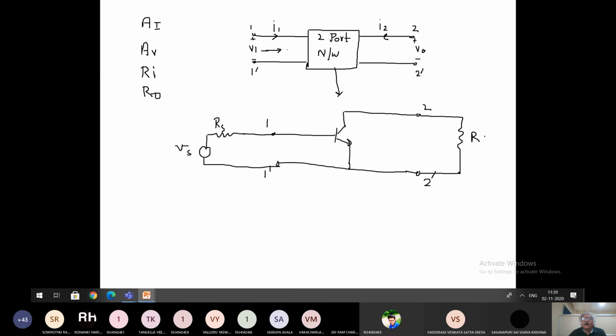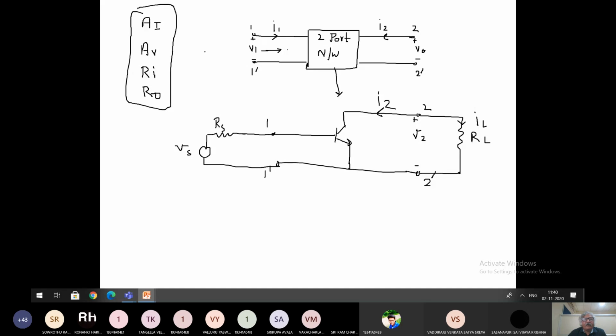With RL you get the current IL, here you have the current I2, and here the voltage V2. These are the internal parameters we have calculated.